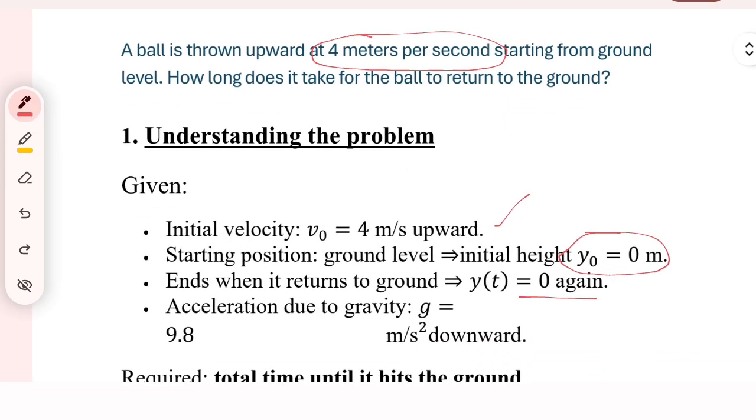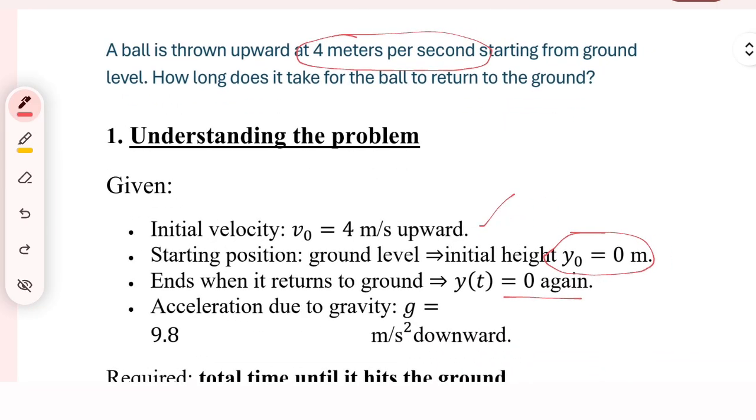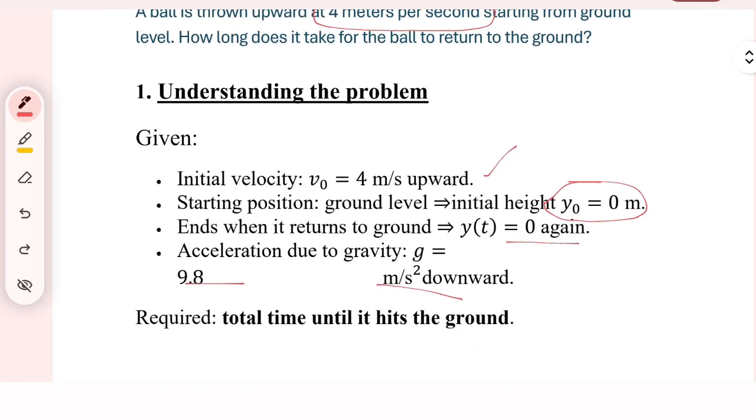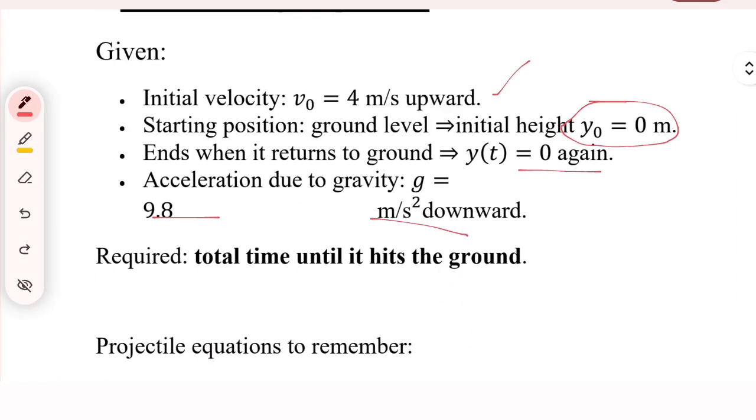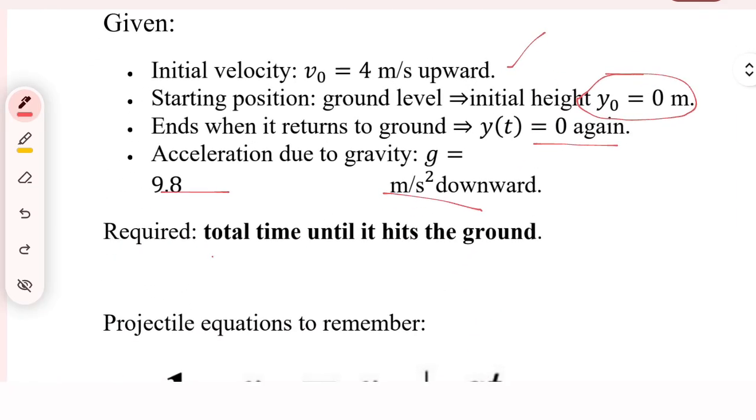And the acceleration is, of course, we know, 9.8 meters per second squared, and it's, of course, downward. And what is required in the problem is the total time that the ball travels until it hits the ground.